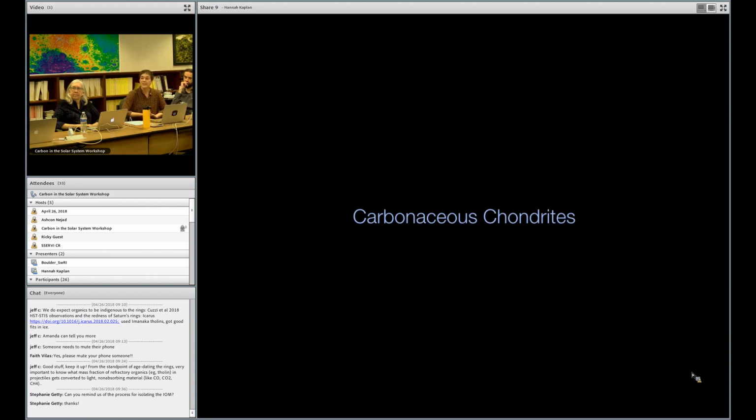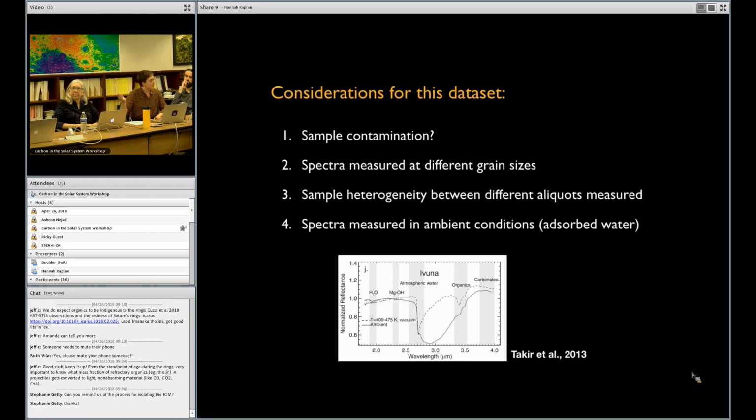So, moving on to the carbonaceous chondrites. Partly because this is a workshop and also because it's science, I will lay out exactly why you might not trust this data to start with. As I mentioned before, sample contamination has been brought up for just any meteorite measured spectrally.